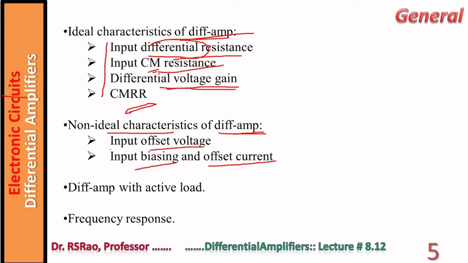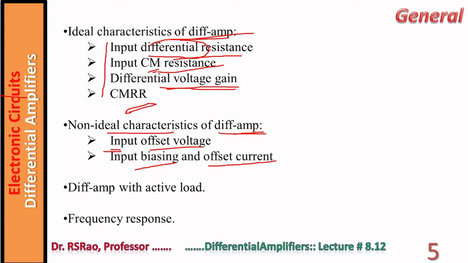Input offset voltage. What is this input offset voltage? The differential amplifier is supposed to give zero output when the inputs are the same. When the two inputs are equal, the output should be zero, but it doesn't happen in reality. Even when inputs are equal, output exists.